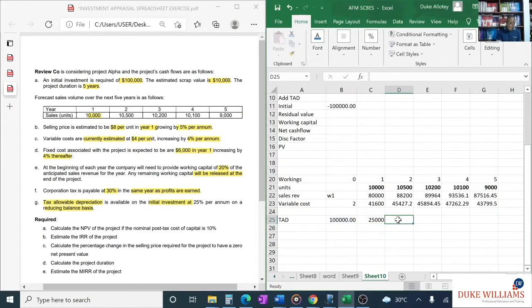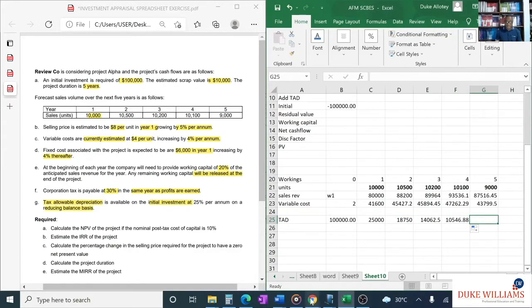So this then will now be equal to 75%, because 25% will be left, 75% of the previous year's balance, multiplied by this, and that gives me this. And once I've done that, I can drag this to the fourth year. So I can see those figures here, knowing that in the fifth year, it's a different ball game.